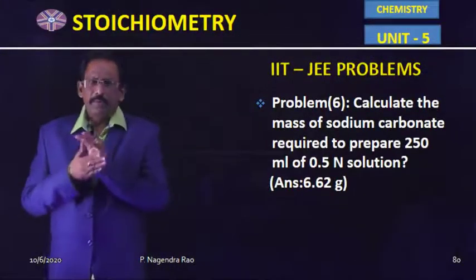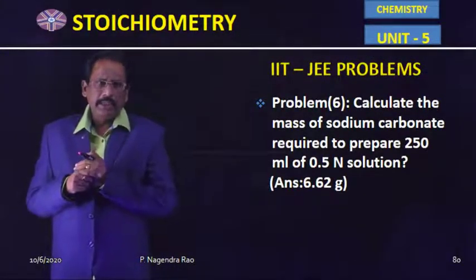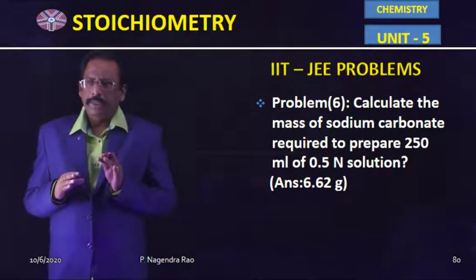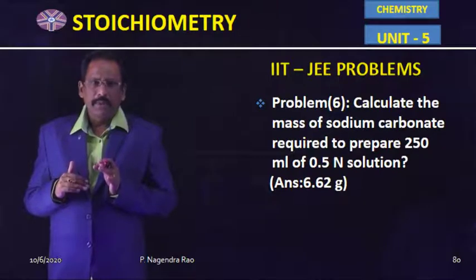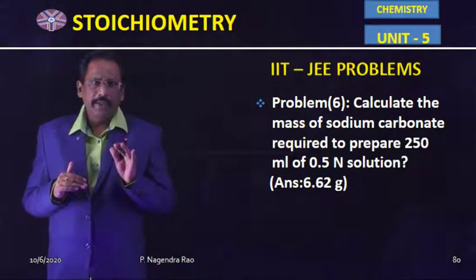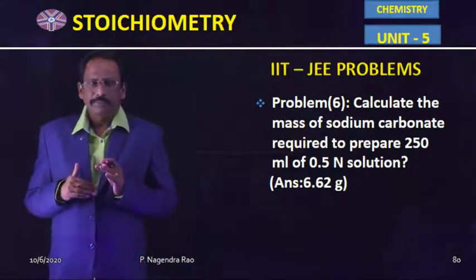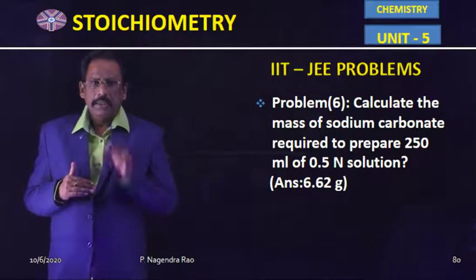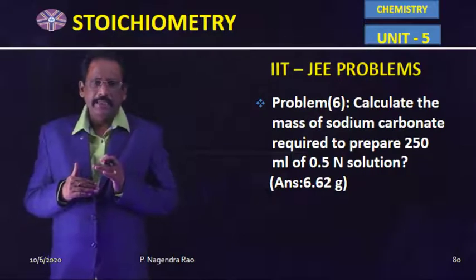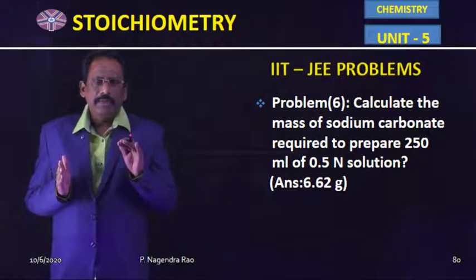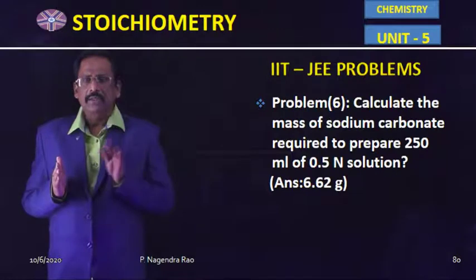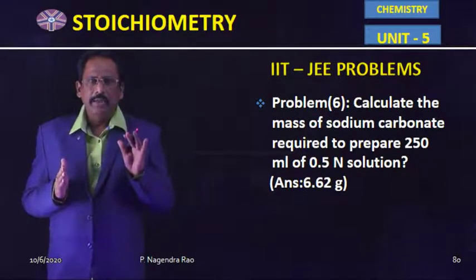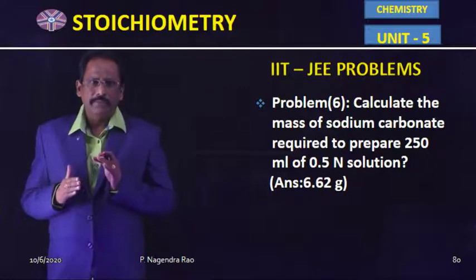In this problem, calculate the mass of sodium carbonate required to prepare 250 ml of 0.5 normal solution. Normality is defined as the number of gram equivalents of the solute present in 1 liter volume of the solution.